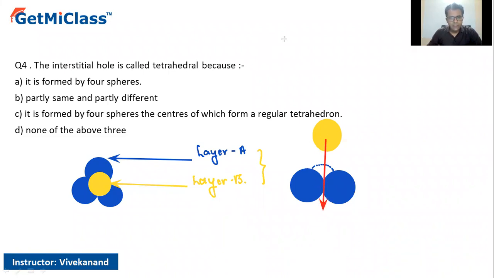Now here, if we observe this particular way, this is a tetrahedron.